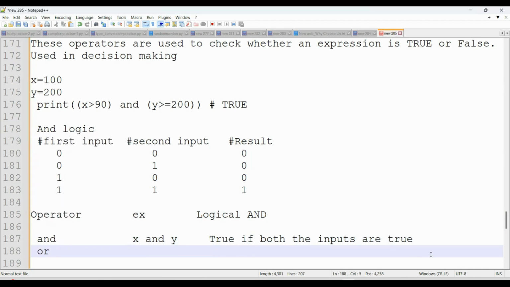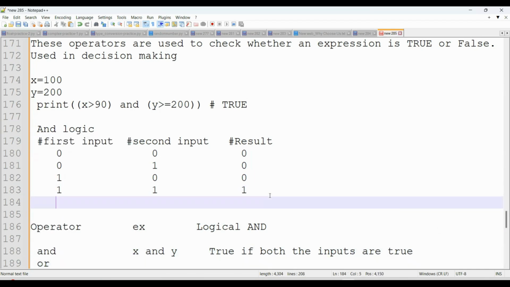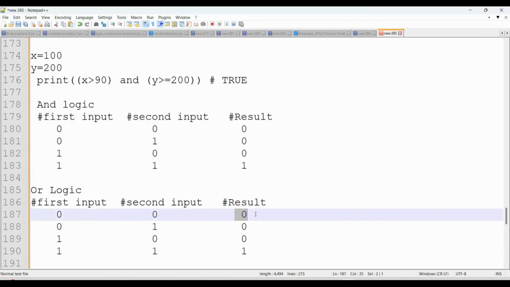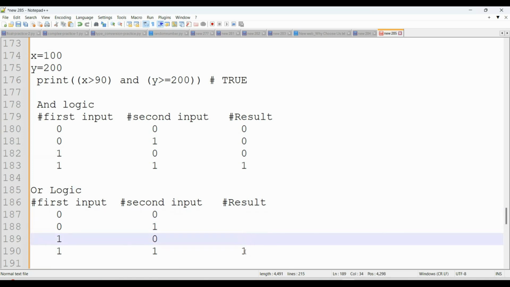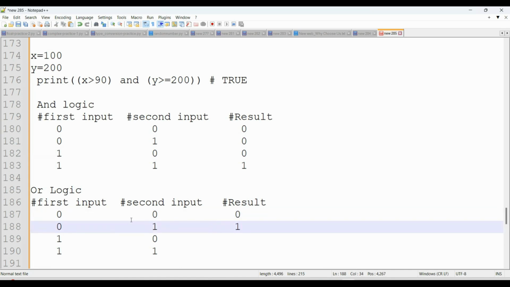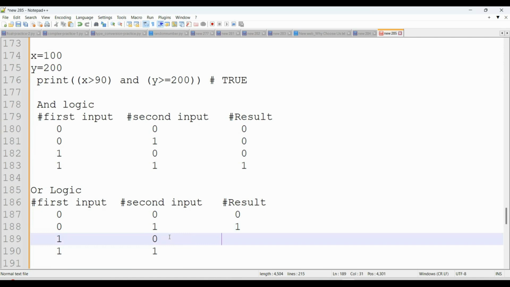Then OR combination. If you think about OR, we'll take the same set, but here the result is OR, which means basically addition. So the result here changes. First input is 0, second input is 0. If you add these two, 0 will come. Second, if any one input is high, the result will be 1. 0 plus 1, 1. 1 plus 0, again 1.